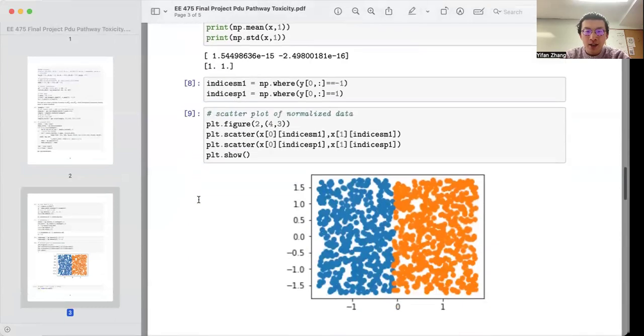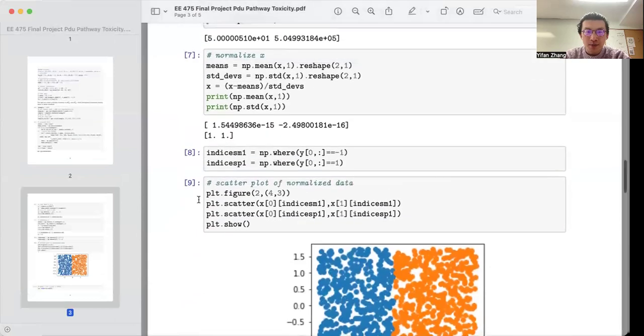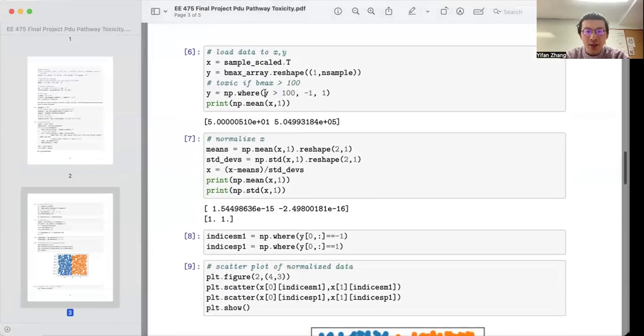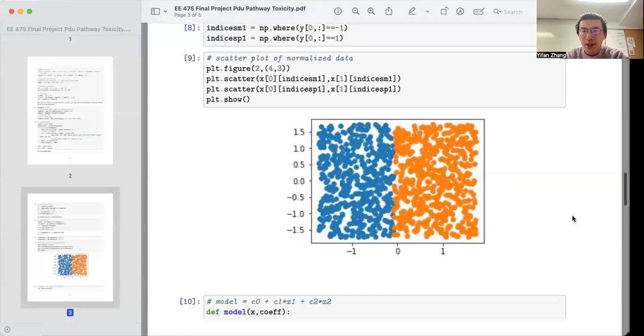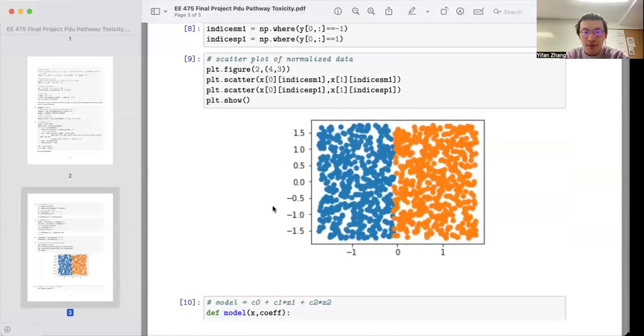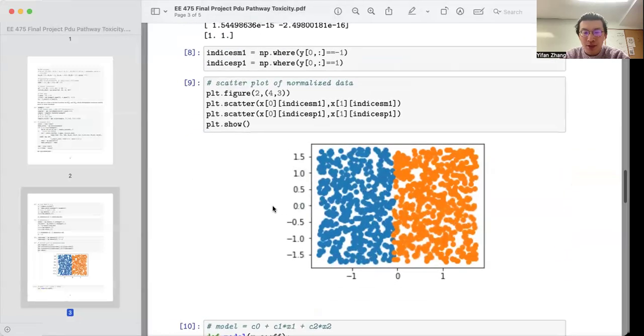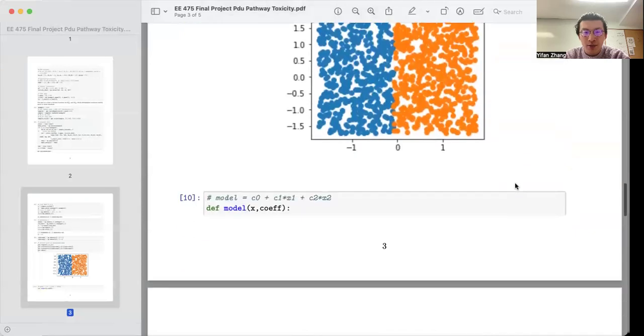And then based on if they produce a toxicity above 100 or less than 100, we label them -1 and +1. And here is the plot of that. So we should expect to see a vertical decision boundary. The left-hand side is the feasible one, and the right-hand side is the non-feasible one.